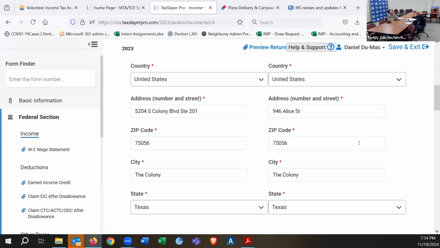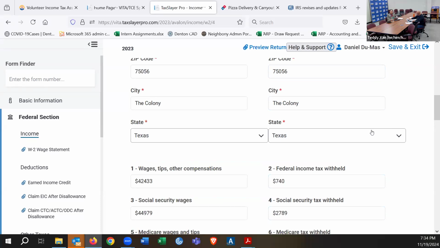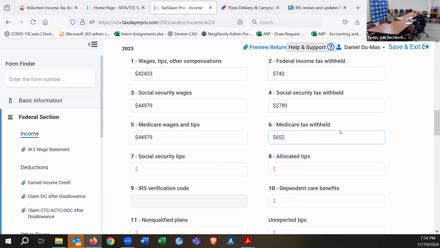We have an address here, a zip code, a city, a state for him. Should import properly. We have wages, tips, other compensation, box 1, box 3, 5, boxes 2, 3, 4, 5, and 6 we do need to correct manually because it'll import the standard. It'll pretend that boxes 3 and 5 are the same as box 1 at first. We have to correct that as always.